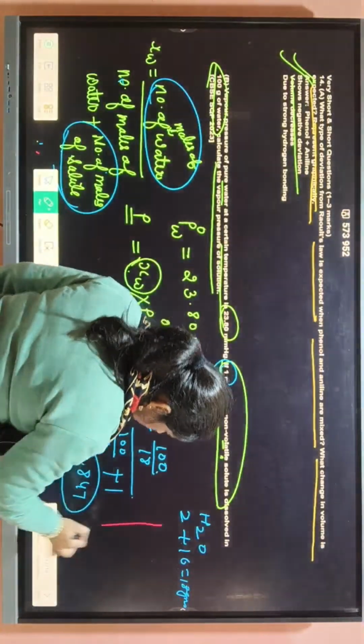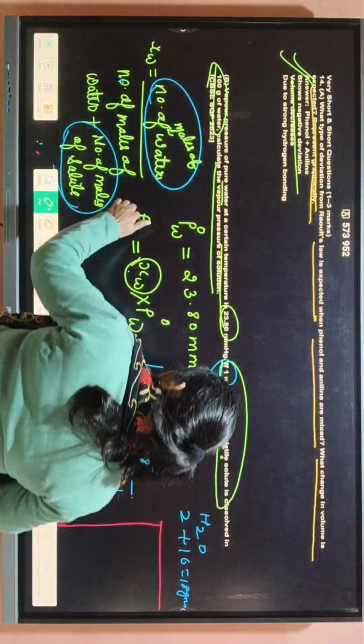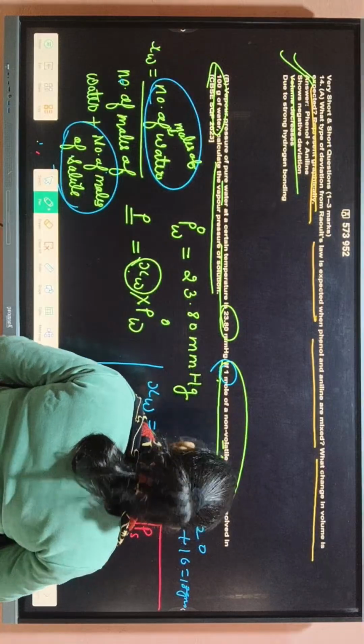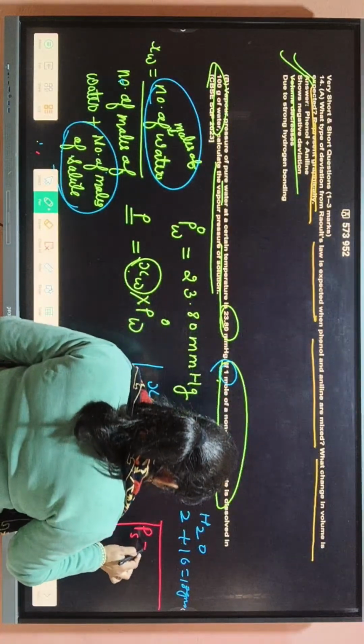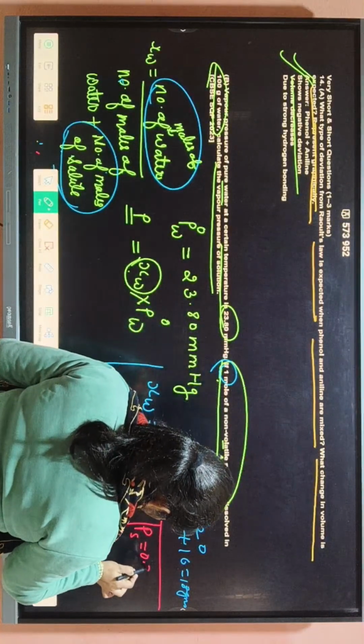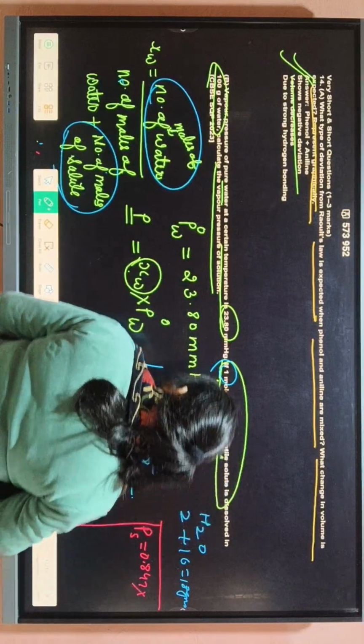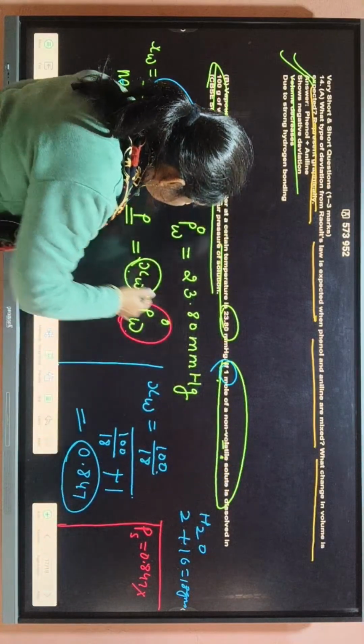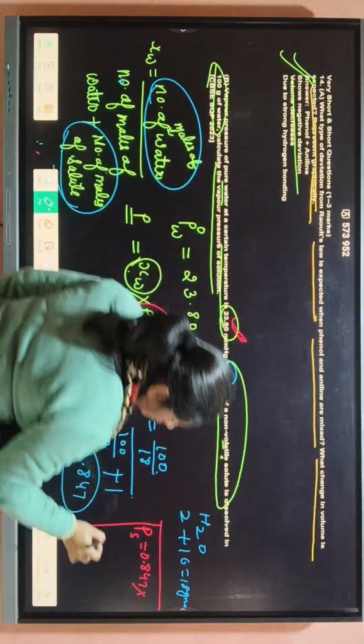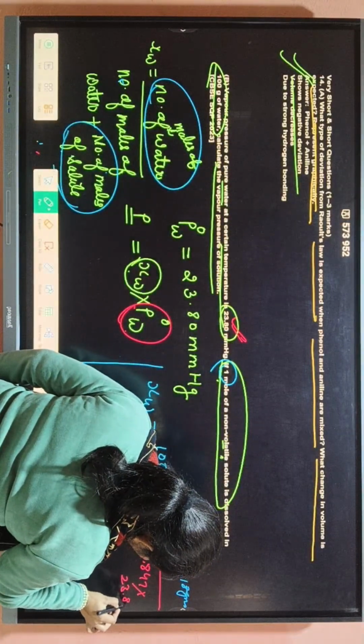After calculating the mole fraction of water, the vapor pressure of solution is equal to the mole fraction value 0.847 into the pressure value given, 23.80.